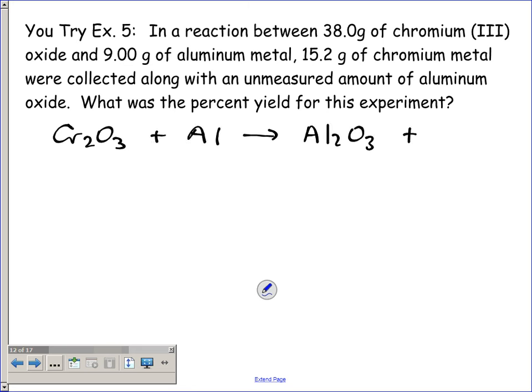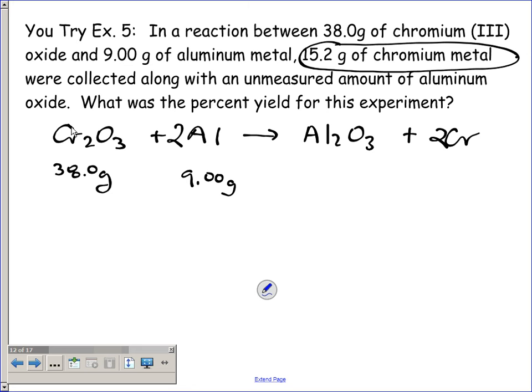All right, so before the reaction begins, I have 38.0 grams of chromium 3 oxide and 9 grams of aluminum. And then it says this. Do I write that in my box, in my big BDA box? Or what is this telling me? I'm sure you read the entire question. What is it telling me? Hold on.